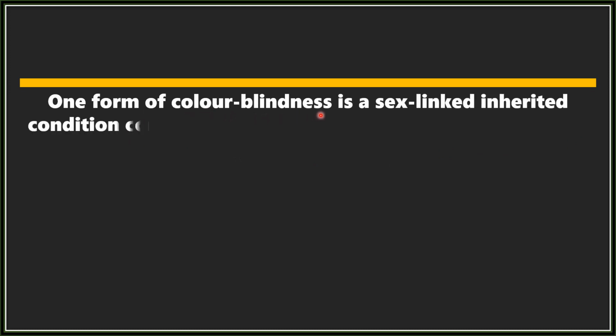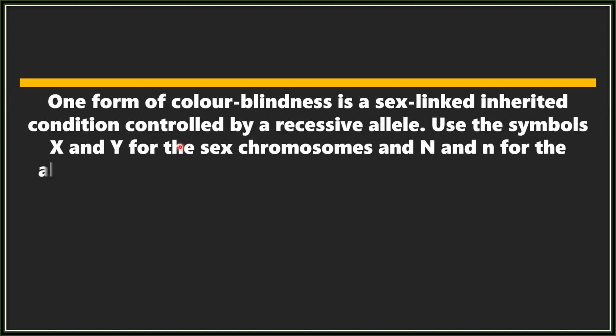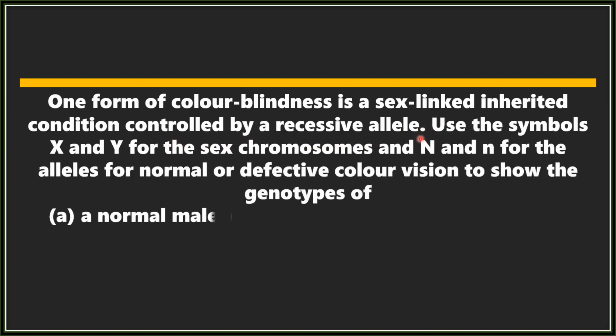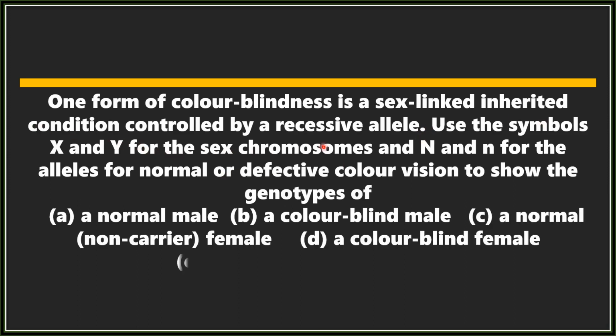One form of color blindness is a sex-linked inherited condition controlled by a recessive allele. Use the symbols X and Y for the sex chromosomes and capital N and small n for the alleles for normal or defective color vision to show the genotypes of A, a normal male.